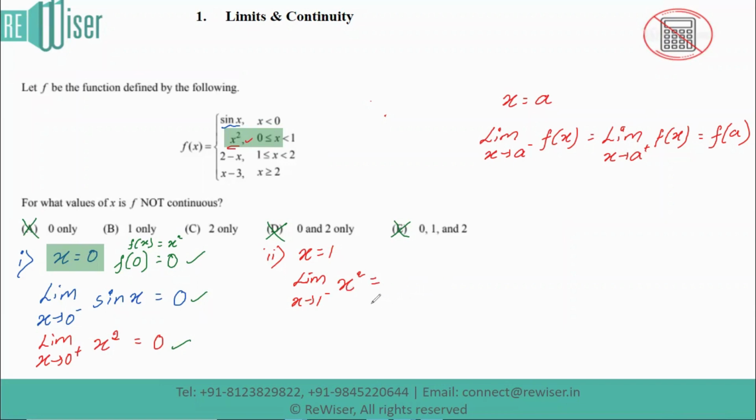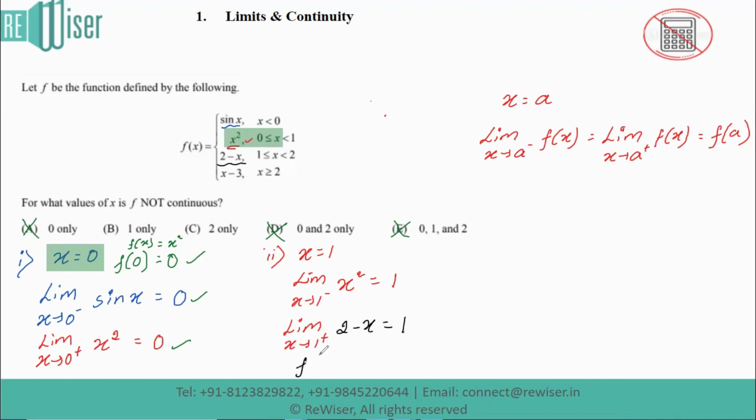It would be just 1 square, which is 1. For the right hand limit, when x approaches 1 plus, meaning x is greater than 1, we use 2 minus x. If you replace x with 1, this is going to be 1 itself.